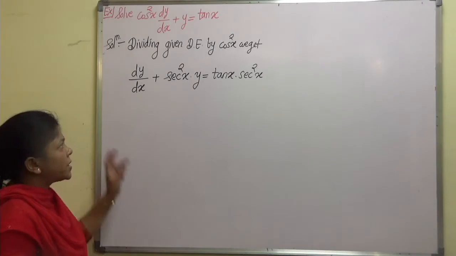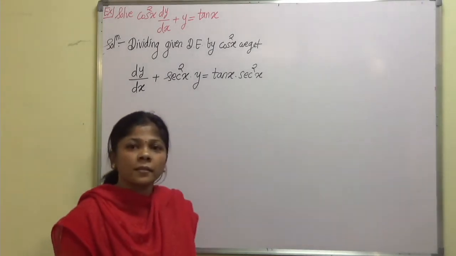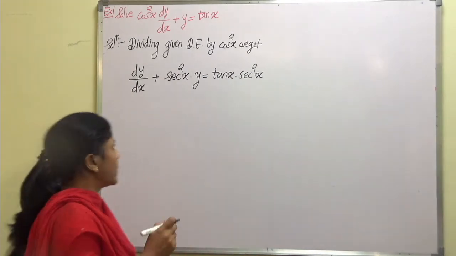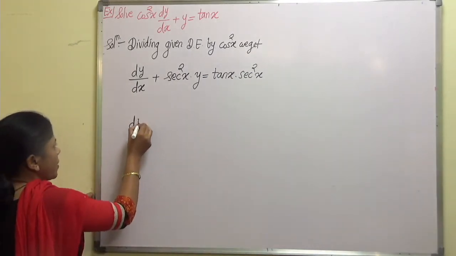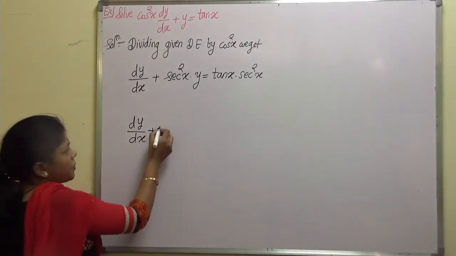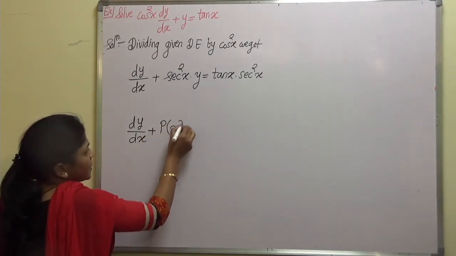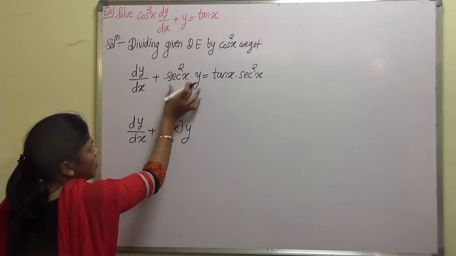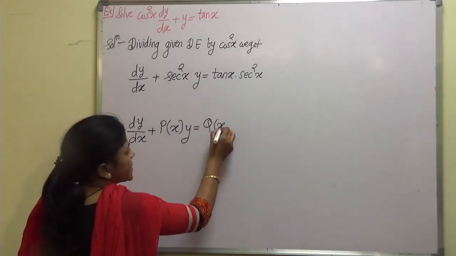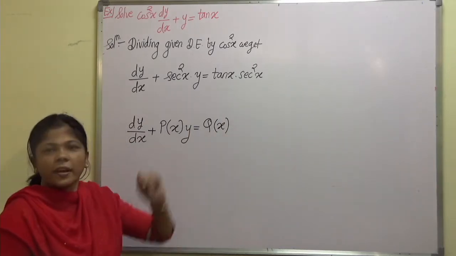Now just see whether it satisfies the requirement of the standard form or not. What is the required form? It should be dy by dx plus p of x into y equal to q of x. So it is in the standard form.